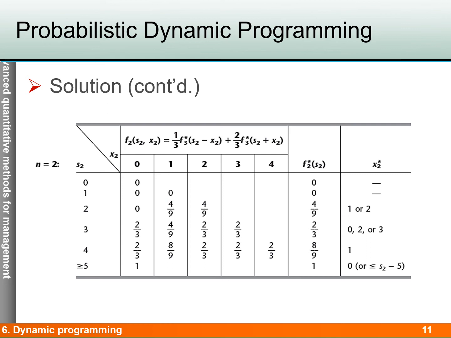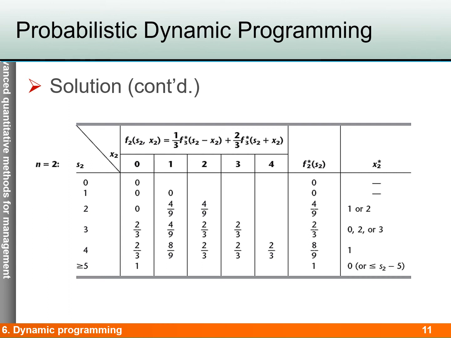So in case of having 2 on hand, that's what I have here, and making a decision 0, 1, and 2, if I check my formula that I have here, I will find these results: 0, 4 divided by 9, and 4 divided by 9 here.